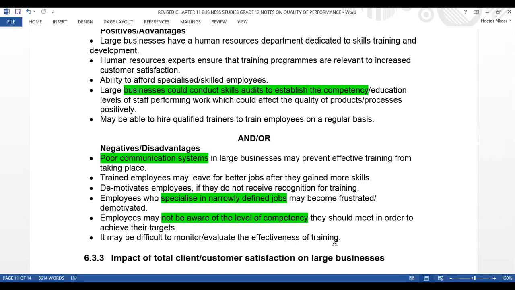And what has the company done? The company has paid the training people to train their employees, but some employees don't even pitch up. So it may be difficult to monitor and evaluate the effectiveness of training, because we are adults and sometimes we face unforeseen circumstances where we can't even attend the training or even go to work. That's another valid reason, boys and girls.